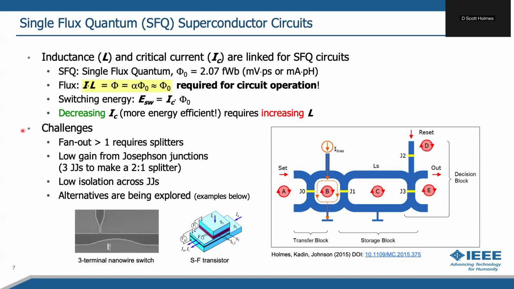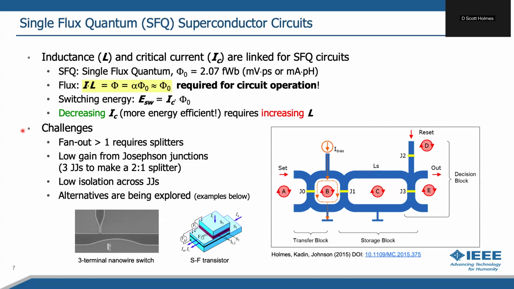Okay, now there are a lot of challenges for superconductor electronics. One is fan out. You get one flux quantum out of your circuit typically, and if you want two flux quanta to supply two different circuits, you have to provide a splitter. You can't just divide the wire and get multiple.